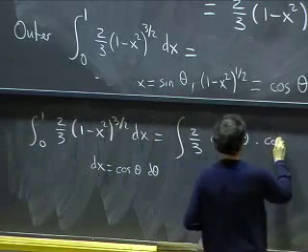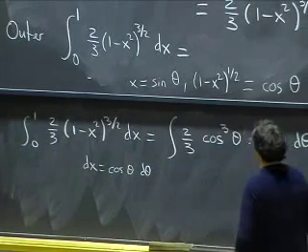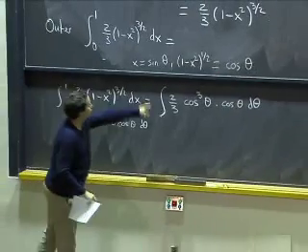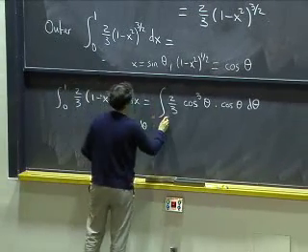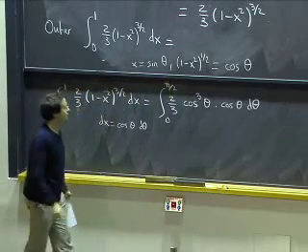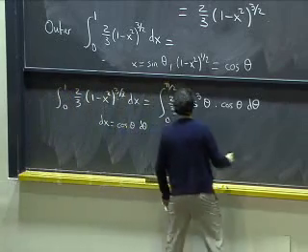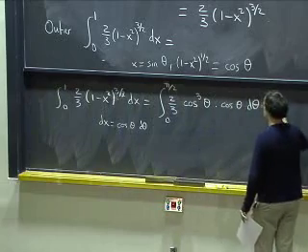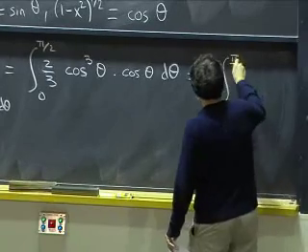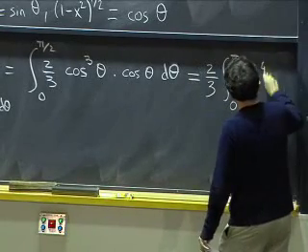So that's cosine theta d theta. And if you do substitutions the way I do them, then you should worry about the bounds for theta, which will be 0 to pi over 2. Or you can also just plug in the bounds at the end. So now you have 2/3 times the integral from 0 to pi over 2 of cosine to the 4 theta d theta.